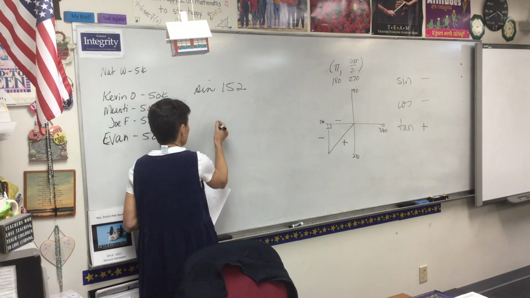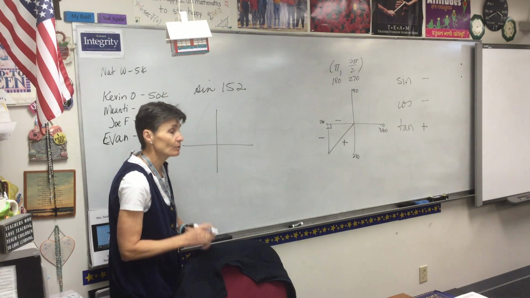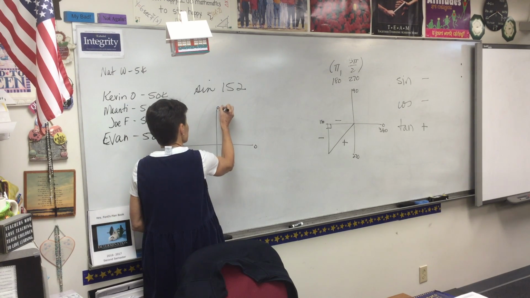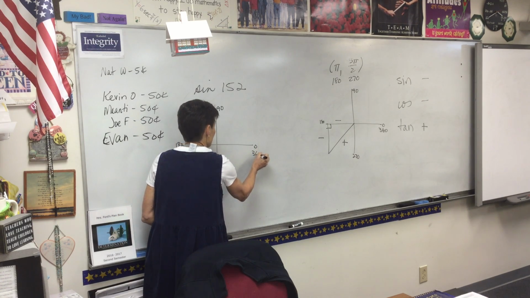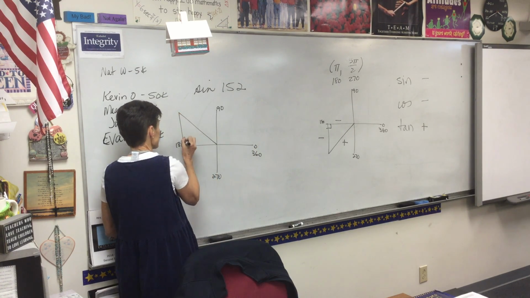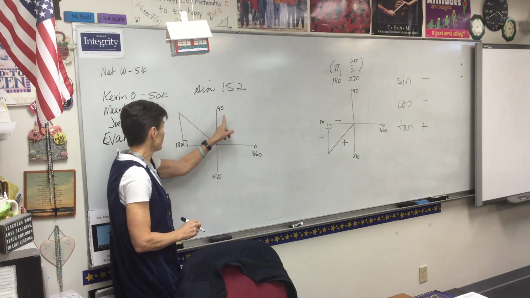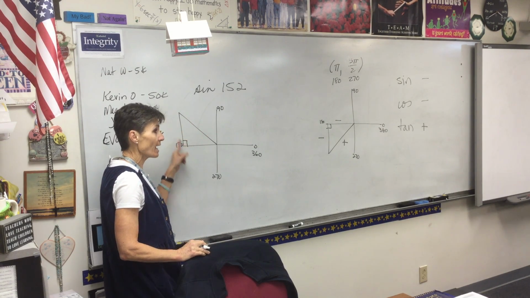So what you need to do is think about, where is 152 degrees? Where would it be? Well, again, use this as your framework. So I think it's in quadrant 2, isn't it? Isn't that angle between 90 and 180? Okay.